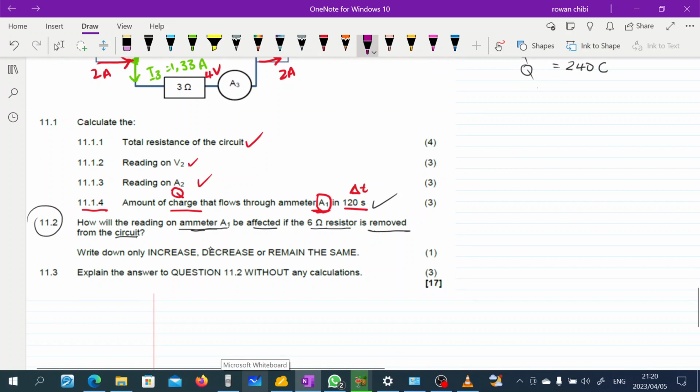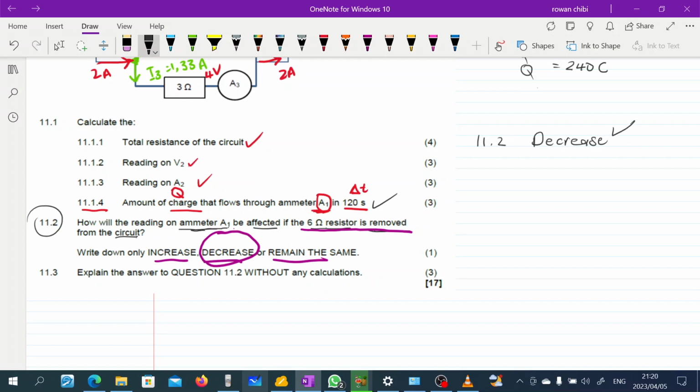How will the reading of ammeter A1 be affected if the 6 ohm resistor is removed? Write down increase or decrease or remain the same. So we choose which one? We choose decrease. That ammeter will decrease. Then we get our 1 mark.